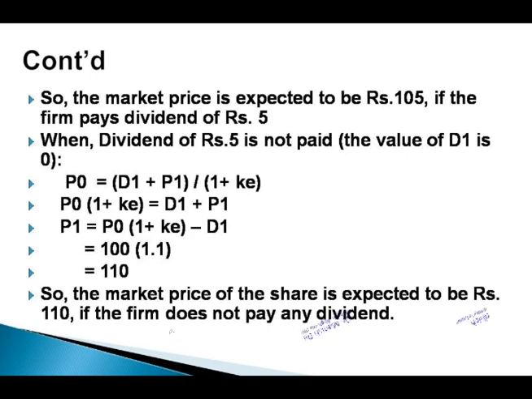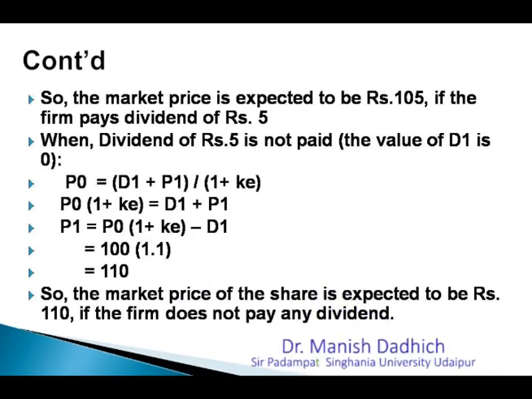The market price of share is expected to be rupees 110 if the firm doesn't pay any dividend. It means there is irrelevance, there is no relationship between distributing the dividend and the market price of a share. Even if the company doesn't distribute dividend, its earnings will be quite high. So this was the assumption given by the MM model.